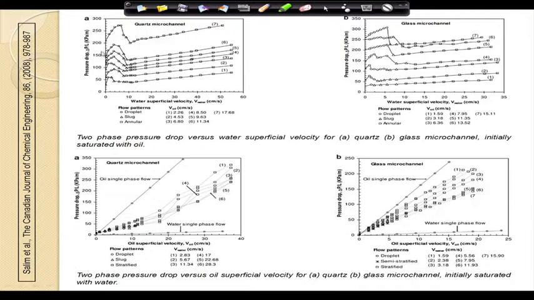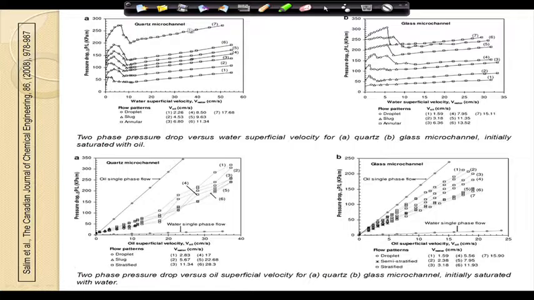This has been reported earlier, and we also believe, by recollecting the flow patterns we had discussed, that mostly this region exhibited droplet flow and slug flow, or in other words droplet and elongated droplet flows. So this reduction is attributed to the reduction in effective viscosity of the two phase mixture as compared to the viscosity of only oil which was flowing initially in the pipe.